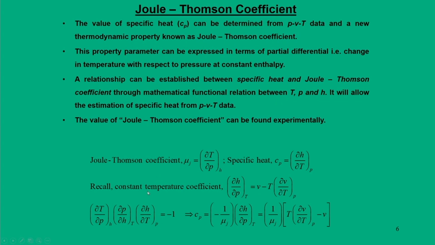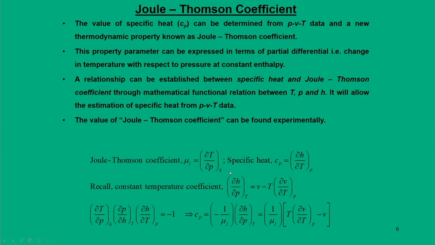One such expression that we have derived from these thermodynamic relations is dou H by dou P at constant T, which is equal to V minus T into dou V by dou T at constant P. This is one of the relations we have learnt from these thermodynamic equations.